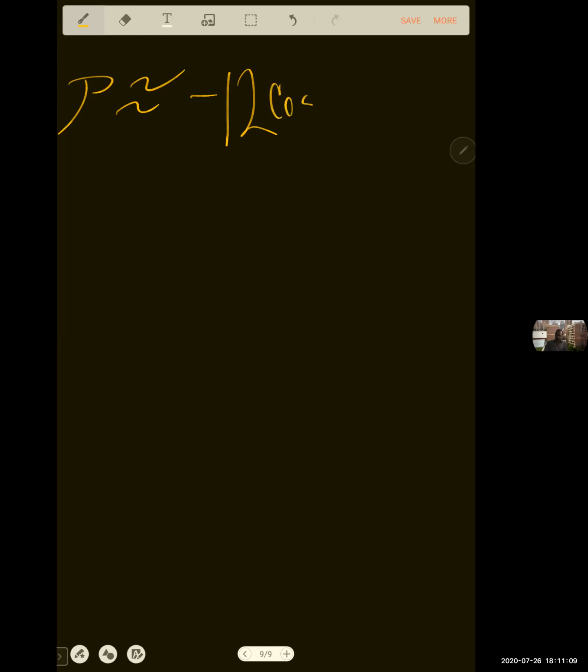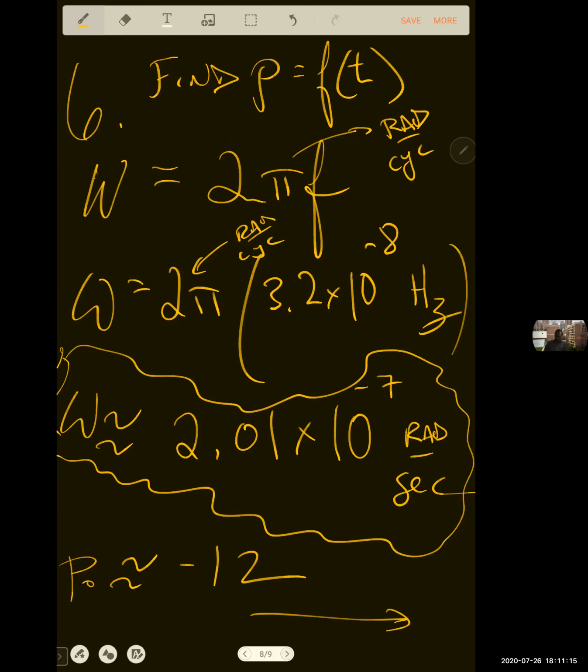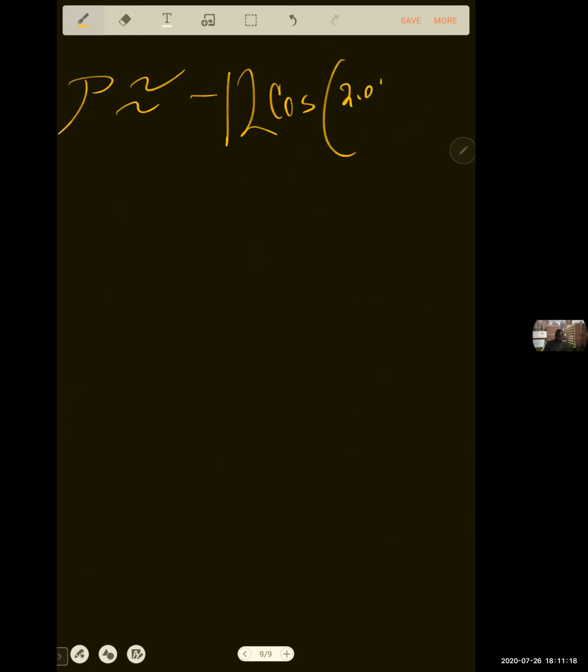So it's negative 12 cosine, and then our angular frequency number, which I've now forgotten, of course, 2.0, okay. So times 2.0 times 10 to the negative 7th. Oh, and then we got to put in, I'm going to have to write this more neatly. I apologize. It's not an error. I'm just writing it more neatly, more small.